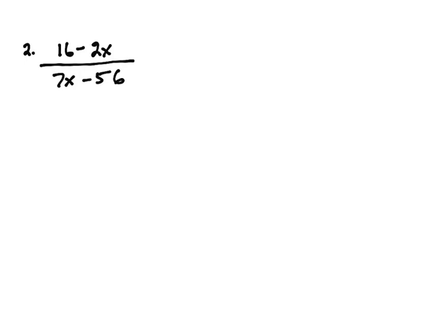If you look in the numerator, we can factor out a GCF of 2. And then basically we say, well, 2 times what gives me 16? That's going to be 8. Minus, and then the x stays behind.